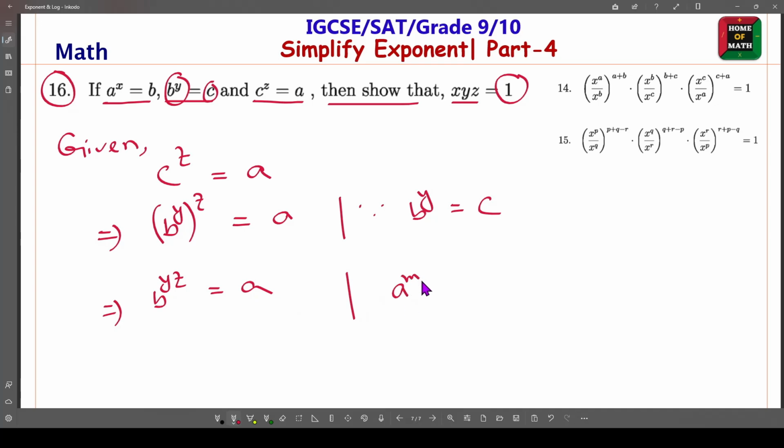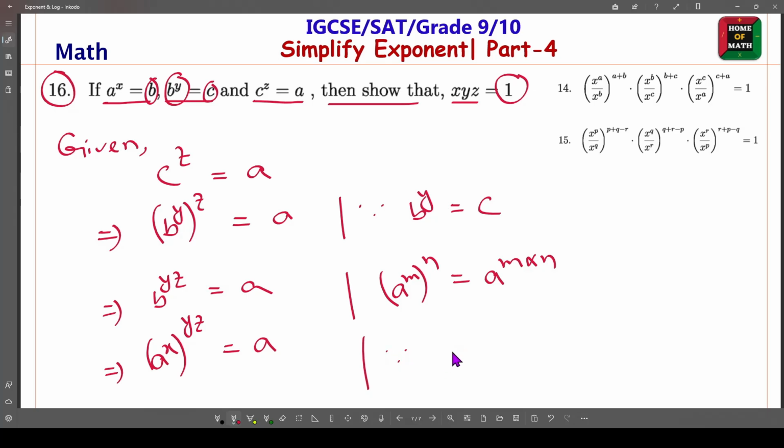Because a to the power m to the power n, it means a to the power m times n. We know this one. Now look, this is b. So b means a to the power x, right? So against this b we can write a to the power x, and here is whole to the power yz equals a. We can write a to the power x equals b.